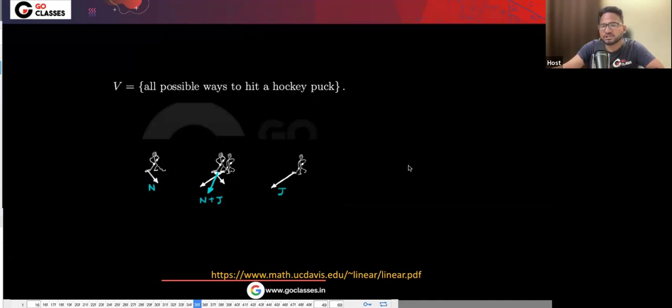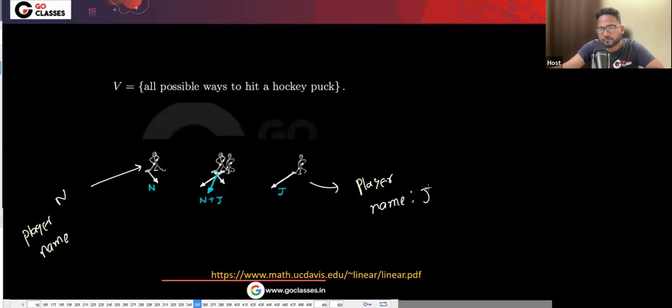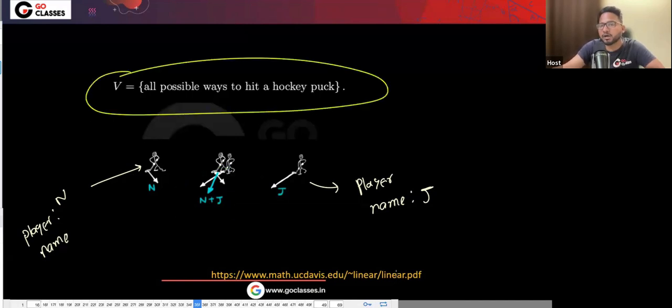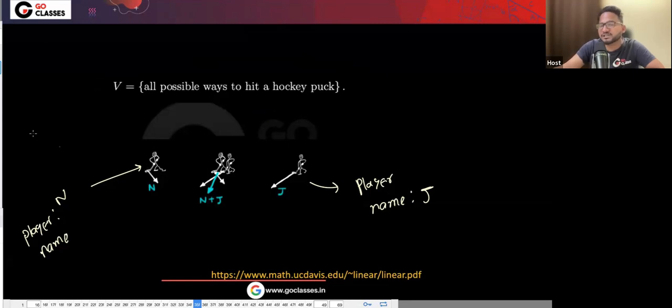Let's try to understand this vector space more intuitively. Suppose there are two hockey players. This player's name is N, and this player's name is J. Whatever way N is hitting his hockey puck, and in whatever way J is hitting his, if you take a linear combination of these, and define the set of all possible ways to hit a hockey puck, then this is also a vector space.